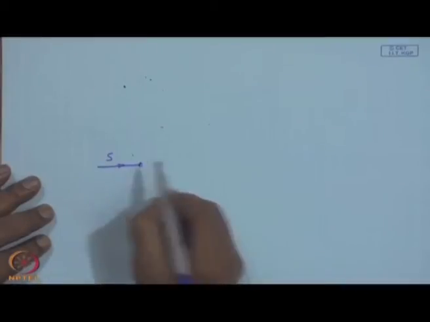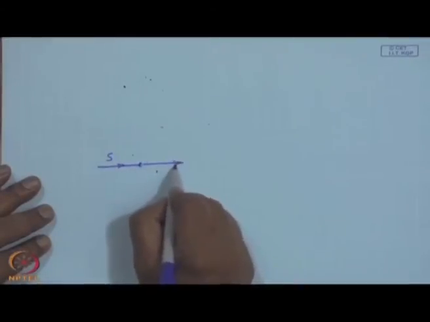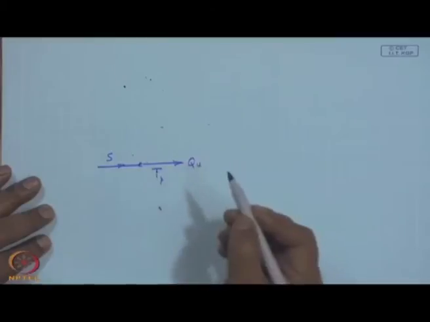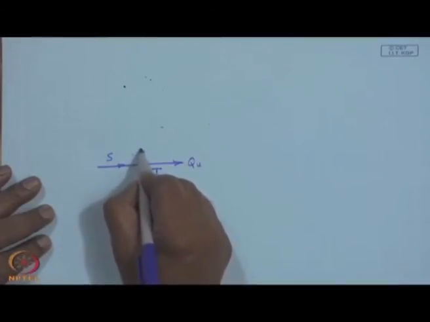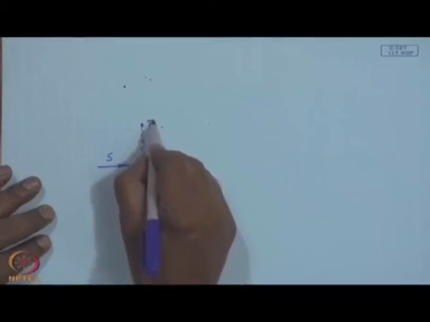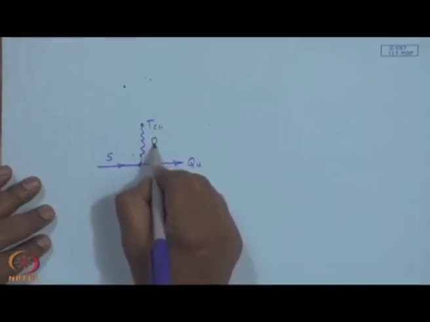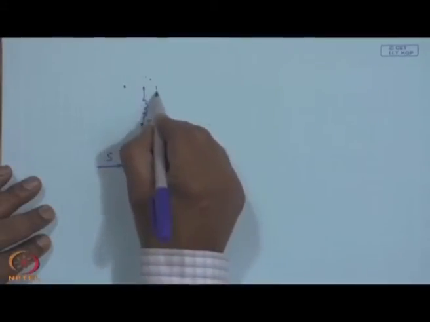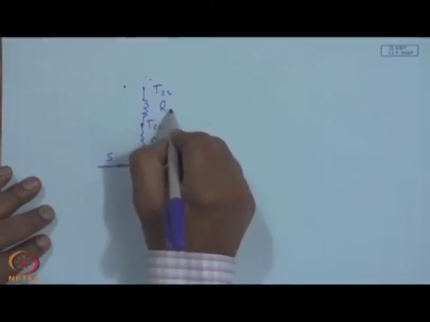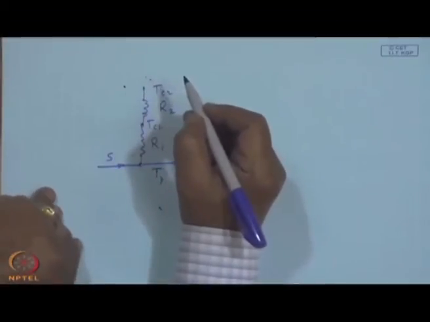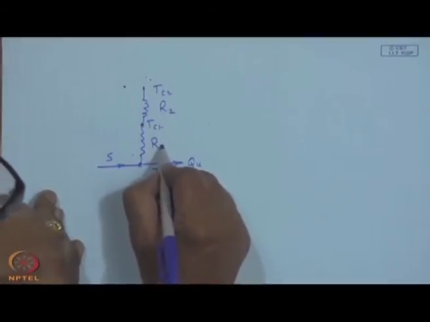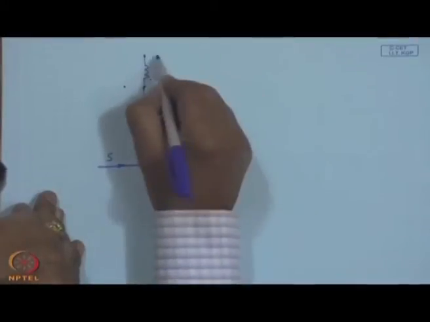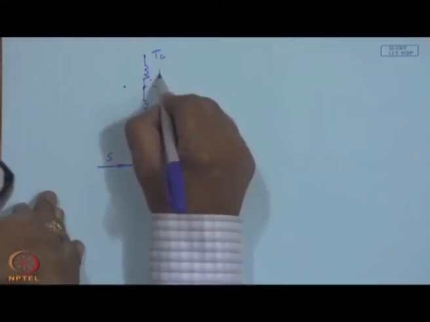S flowing in at T p, Q u the useful energy gain, this is T c 1 and a resistance of R 1, this is T c 2 and a resistance of R 2, I am sorry, this is R 3, T A, and this will be R 1.